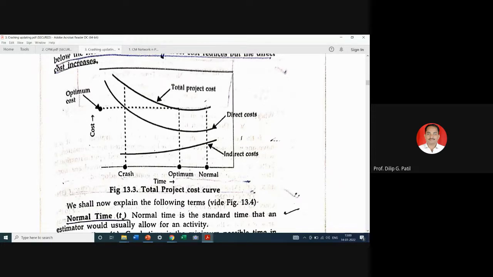Then for this 11 weeks, the total project cost is least. And again for 8 weeks, the crash cost, the project cost will start increasing.